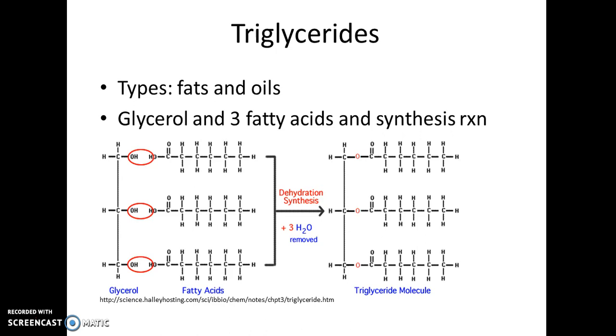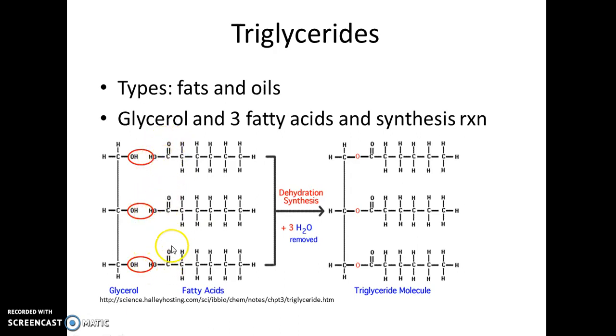Now, triglycerides are made up of a glycerol molecule, and the glycerol molecule is labeled in the bottom here, glycerol, and 3 fatty acids. There's 1, there's 2, there's 3. Now, notice the glycerol has a hydroxyl group here, and the fatty acid has a carboxylic acid group right here.